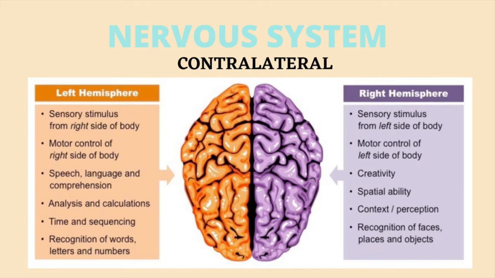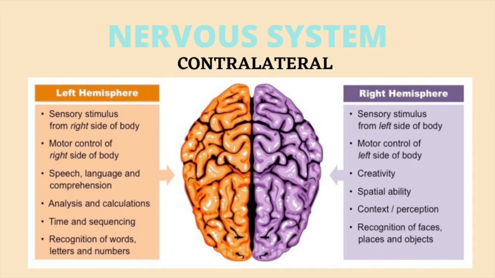So left hemisphere: sensory stimulus from right side of body, motor control of right side of body, speech, language, and comprehension, analysis and calculations, time and sequencing, recognition of words, letters, and numbers.